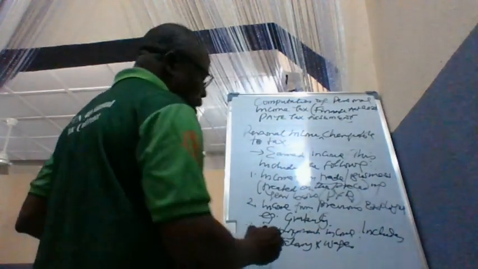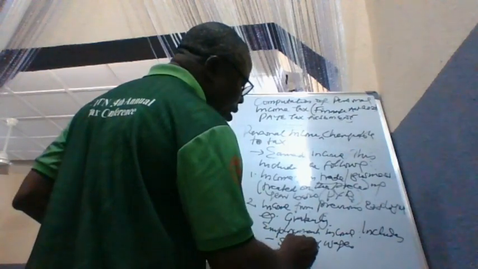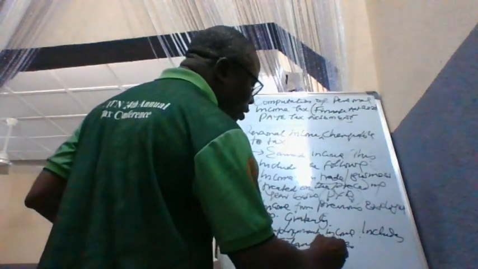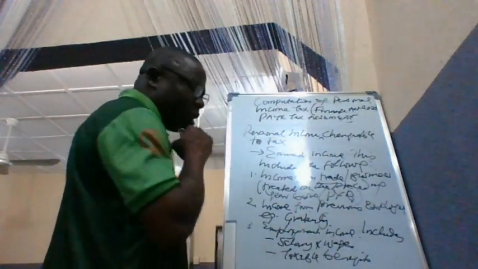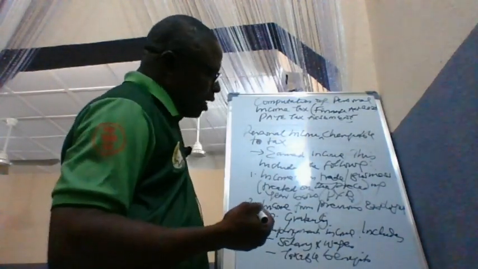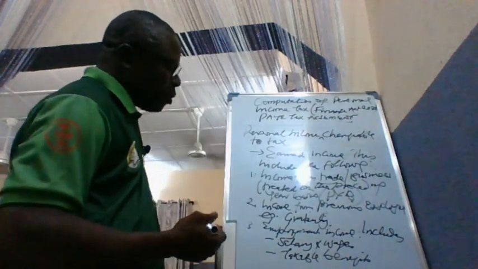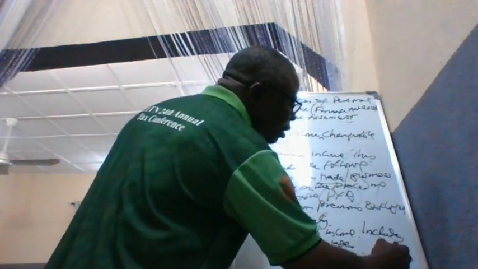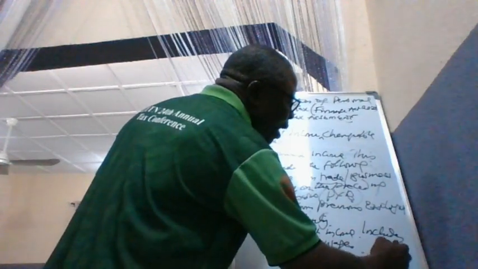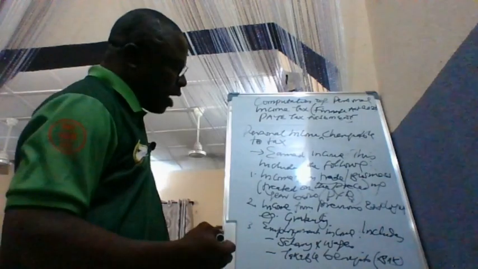Two, taxable benefits. These are the benefits that a staff enjoys from the employer, and we call them benefits in kind, BIK.